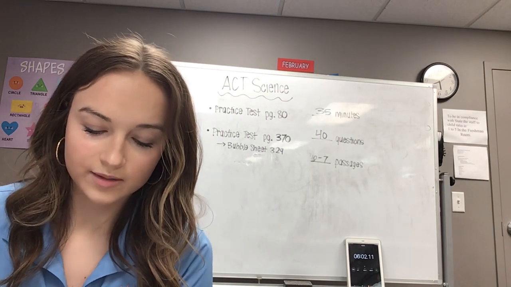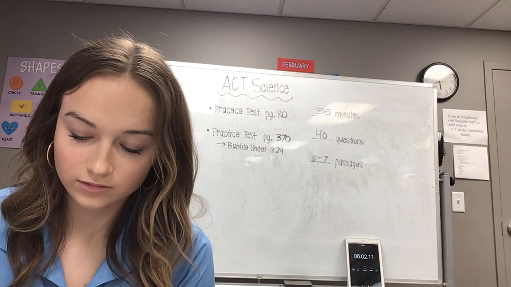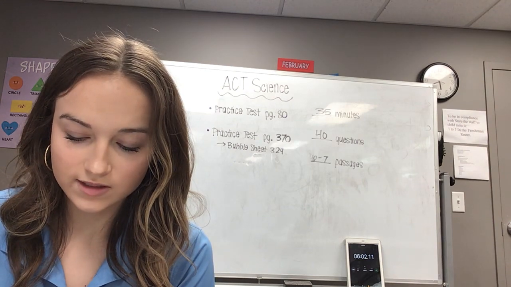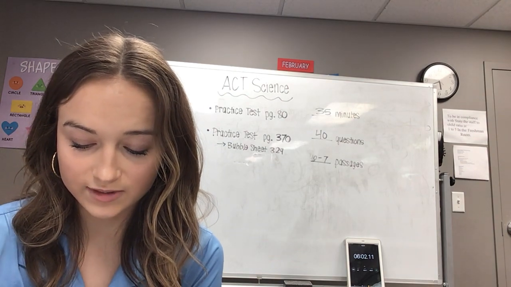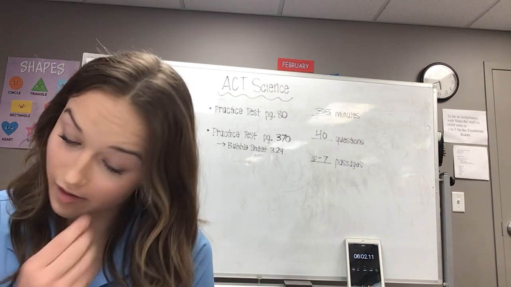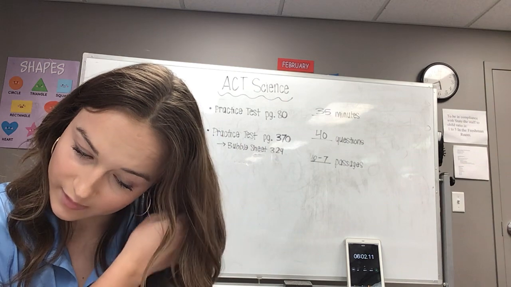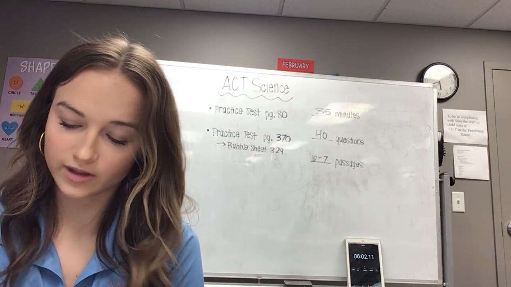So the best answer is C. So this says the examinee must understand the segregation of chromosomes into gametes. So for a dog with the genotype uppercase B, lowercase b, and then two capital E's, half of the gametes will contain the B allele, and the other half will contain the lowercase b allele.